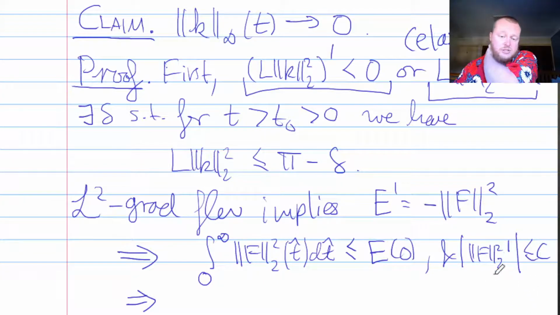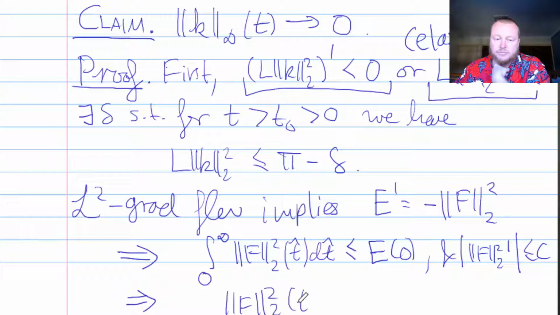Because this is a collection of derivatives of curvature all multiplied together. It's all bounded, so this is bounded uniformly by our previous arguments. And so this means that this quantity actually has to converge to 0 in t.